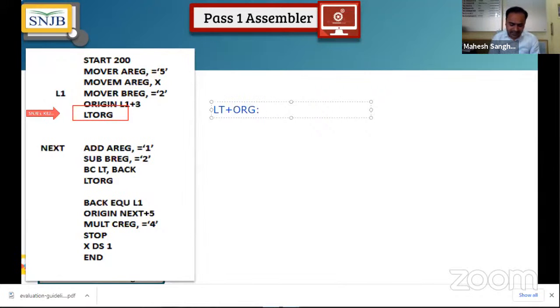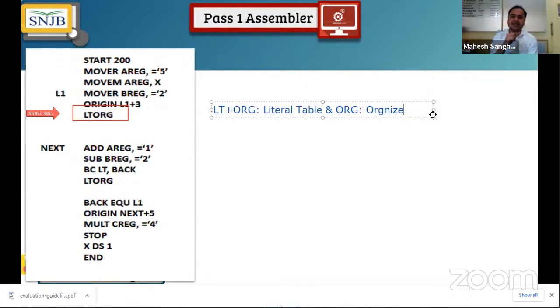Okay, so here LT stands for literal table and your org is saying that organize. यानी क्या करना है आपको, literal table को organize करना है. So LT is literal table.